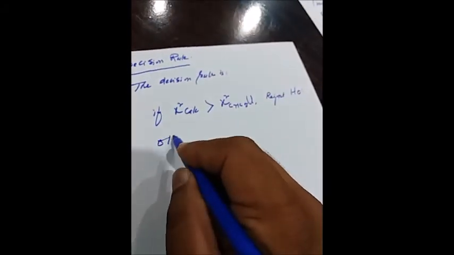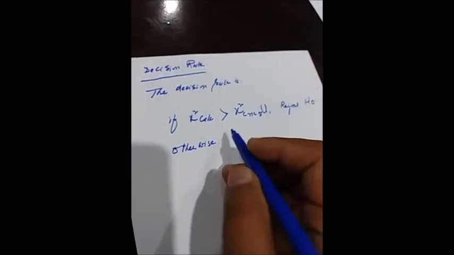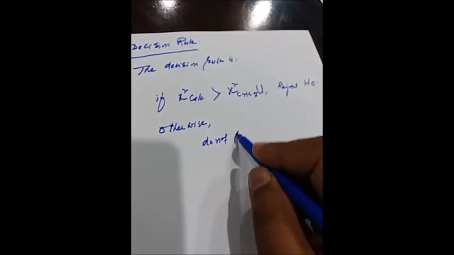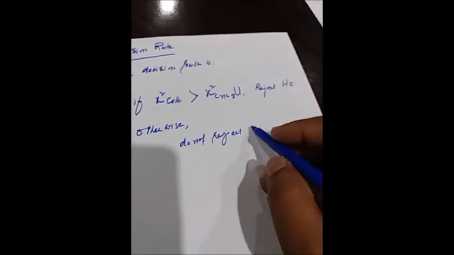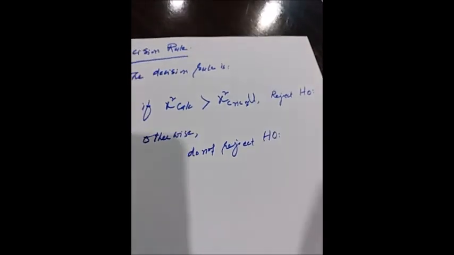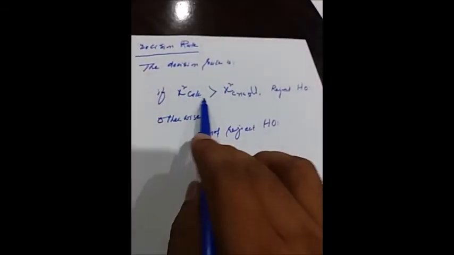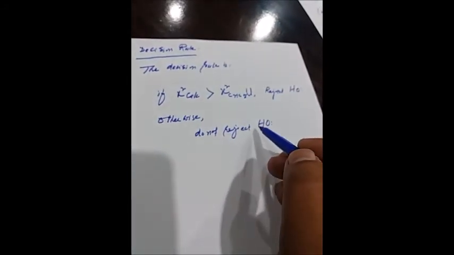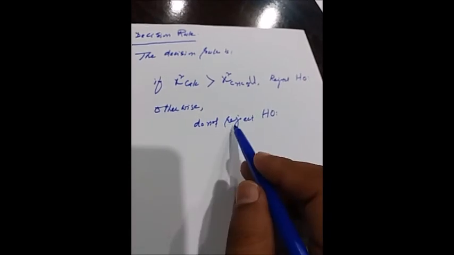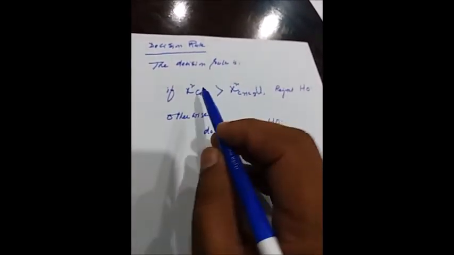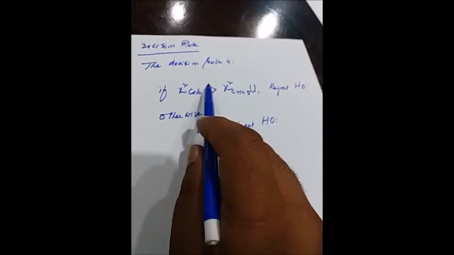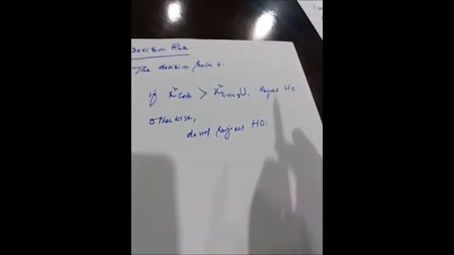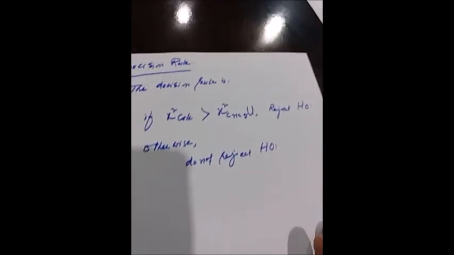Otherwise, do not reject H naught. If the calculated value is less than the critical value, then accept H naught and there is no need to reject it. But if the calculated value of chi-square is more than the tabulated value of chi-square, then reject H naught. This is basically the decision rule, the rule of thumb.